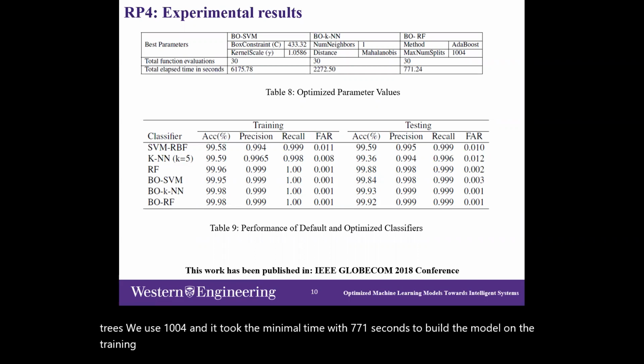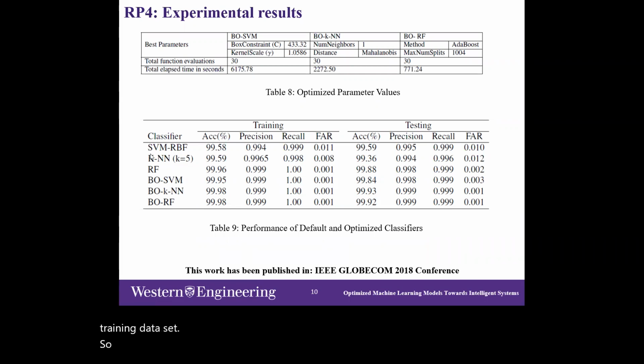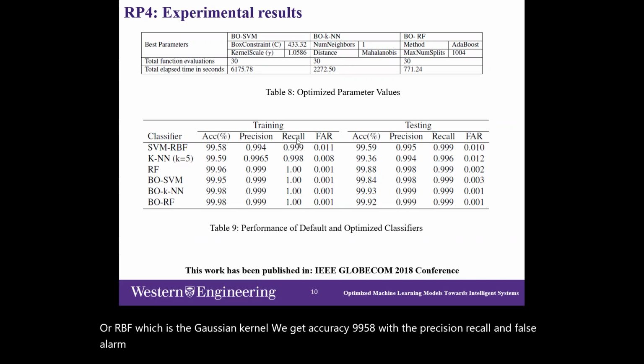So if we see here, if we use SVM with RBF, which is the Gaussian kernel, we get accuracy 99.58 with precision, recall, and false alarm rate. These are the measurement metrics. We'll talk about them next week.